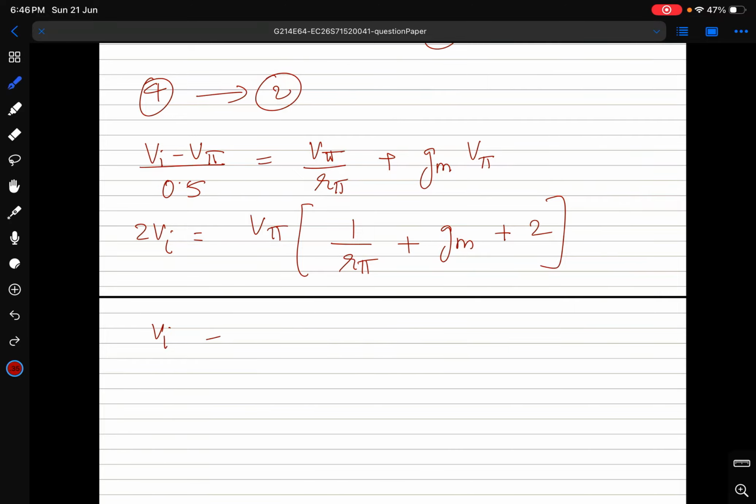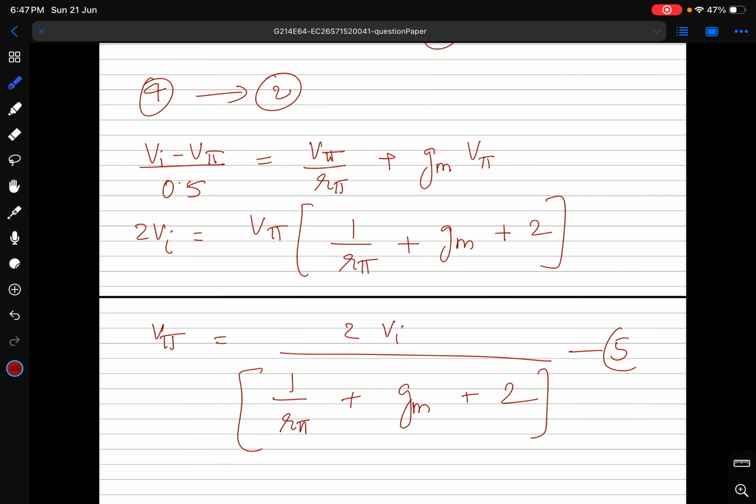I have to find V pi. So V pi will be 2 Vi divided by 1 by R pi plus GM plus 2. So I got the value of V pi. This will be my fifth equation.